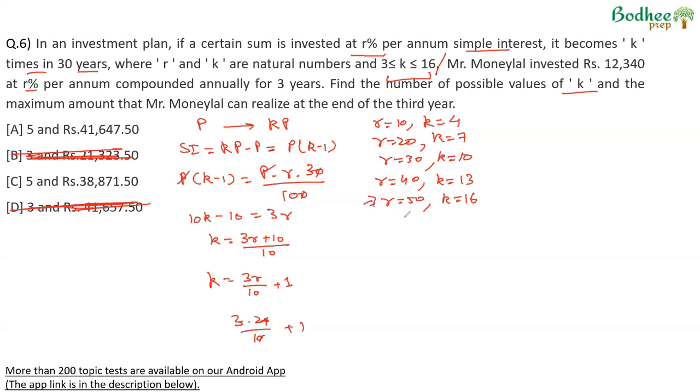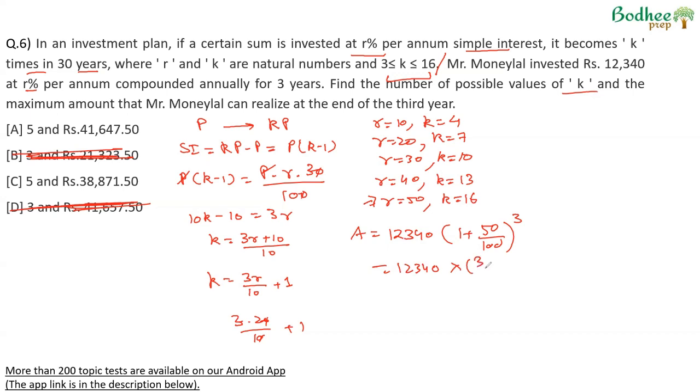We take R as 50%, and therefore the amount that Mr. Manilal can get will be principal into (1 plus R upon 100) raised to power 3. So 12340, 50 upon 100 will be 1 by 2, 1 plus 1 by 2 is 3 by 2.